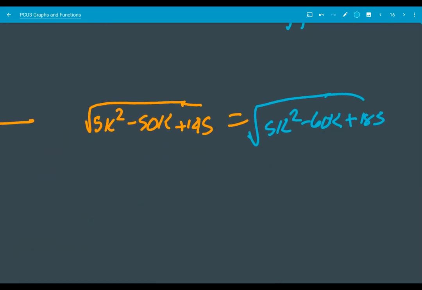Both sides are square roots, so we can make those go away. Now it's just some simple algebra.